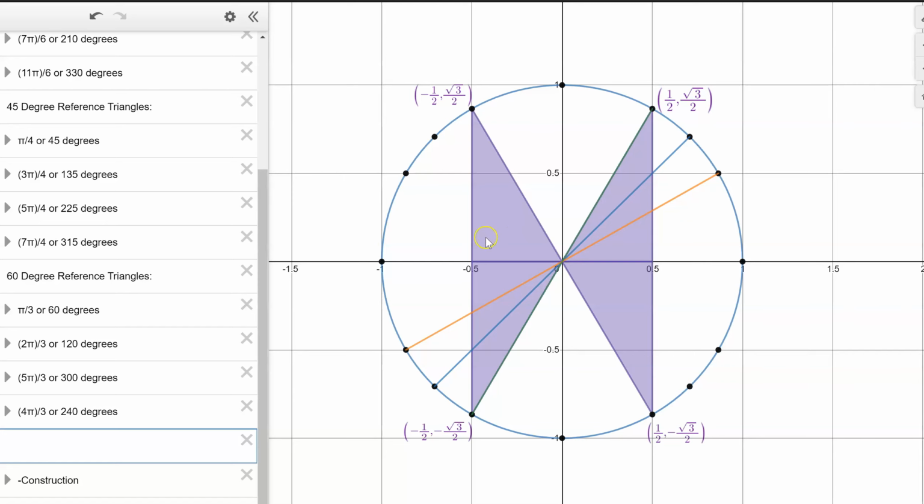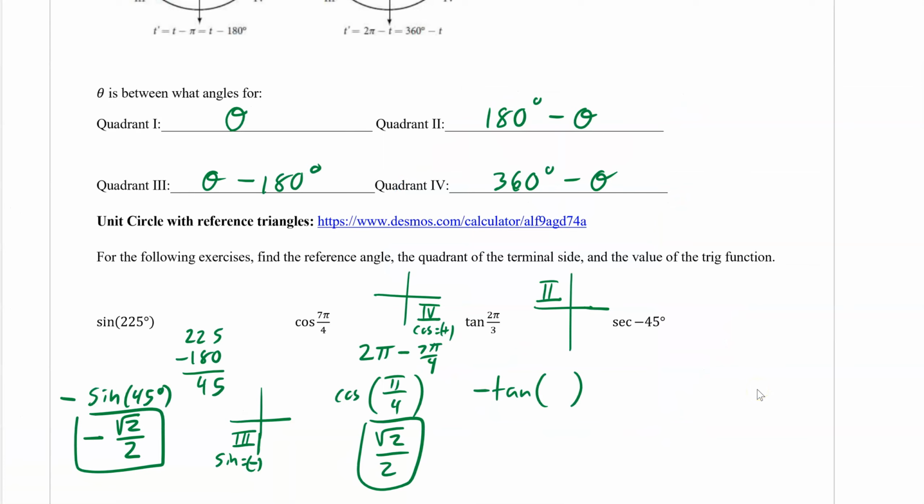See, they have that same situation as we go through. Your 0, pi over 2, pi, and 3 pi over 2 all reduce, so it's all denominator 3's. So you already know it's pi over 3 because of what it is. And so what do we get for tangent of pi over 3? It's radical 3. So this would just be negative radical 3.